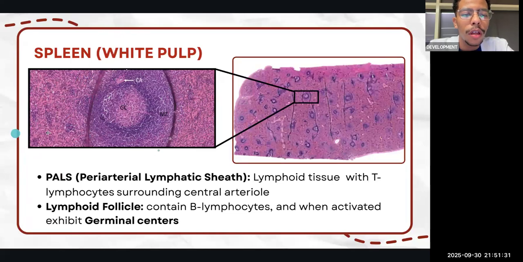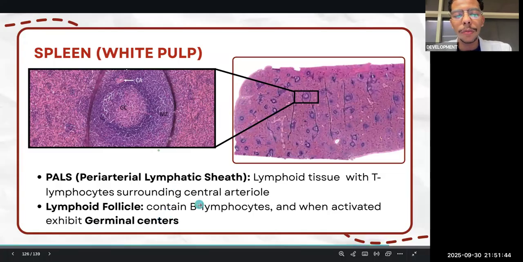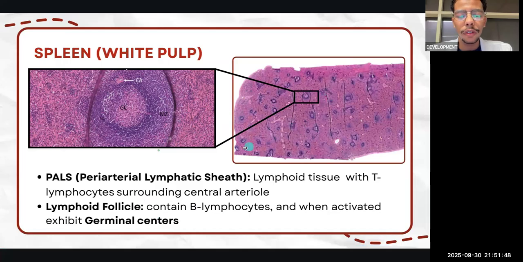Okay, so here, the white pulp and red pulp, they're both there to clean up your blood. That's the general function of the spleen. In the OSPE, they only focused on identifying the structures for lymphatics, so that's all you have to know.